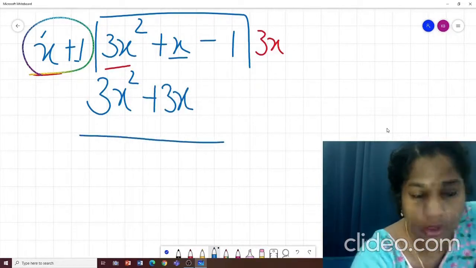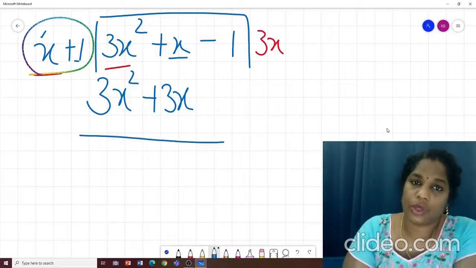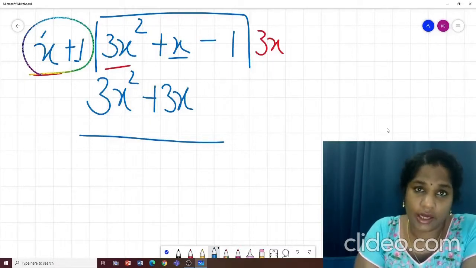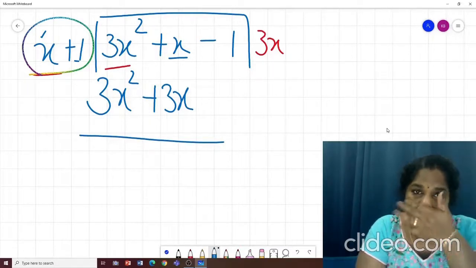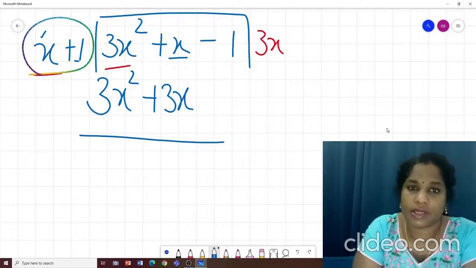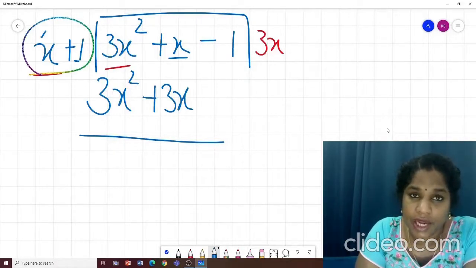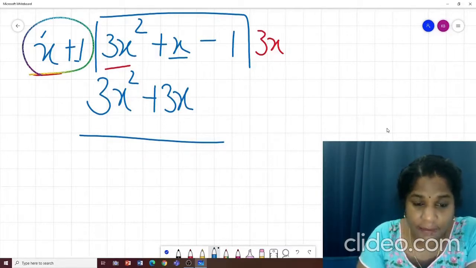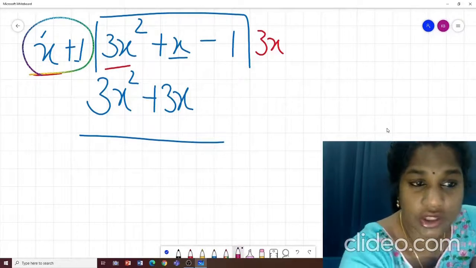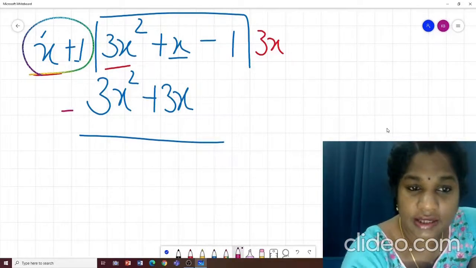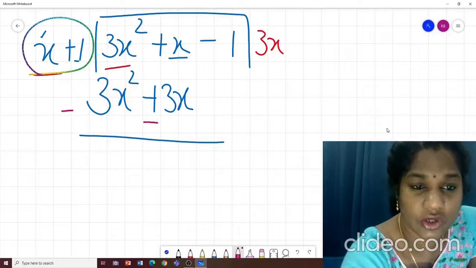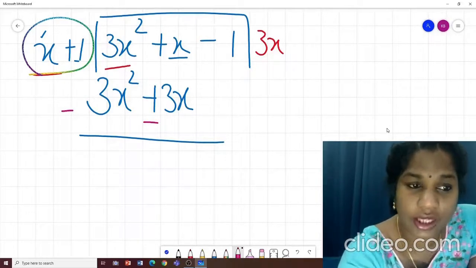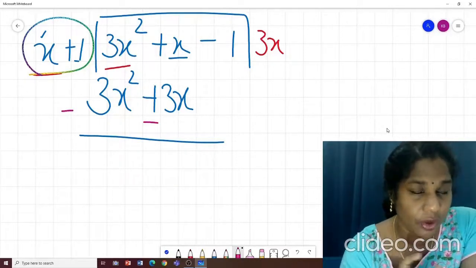Okay. Now, as we used to do in our normal division, number division, we will go ahead and subtract. But when we subtract polynomials, what do? Subtraction leads to change of the sign. Exactly. So here this is positive, it will become negative. This 3x is positive, this will also become negative. So next step onwards, only the negative signs are important.